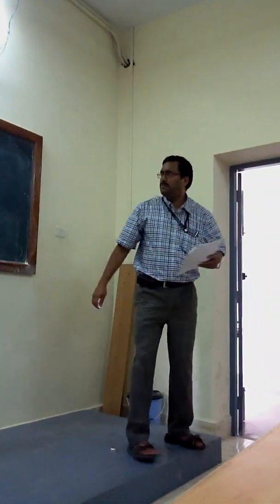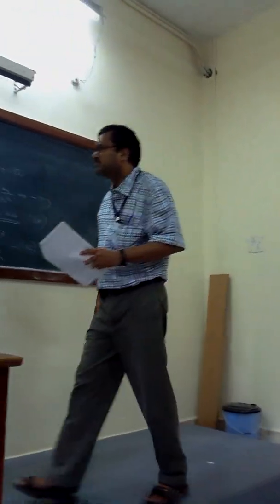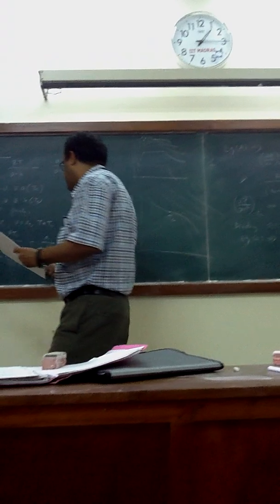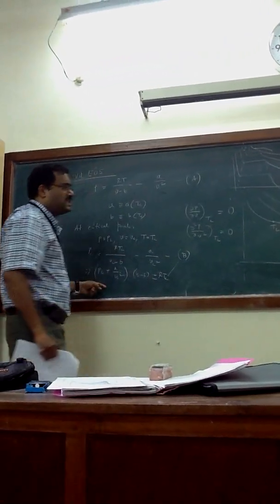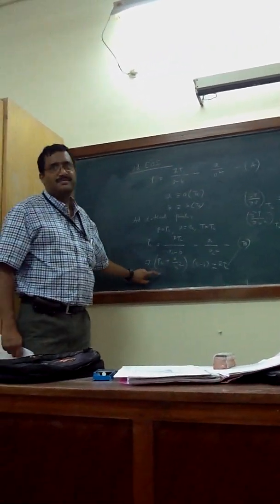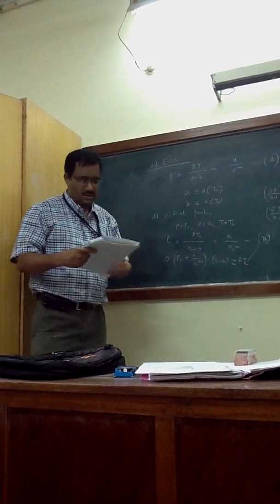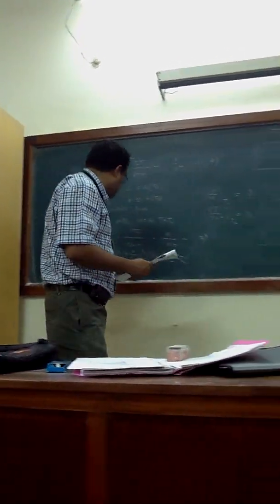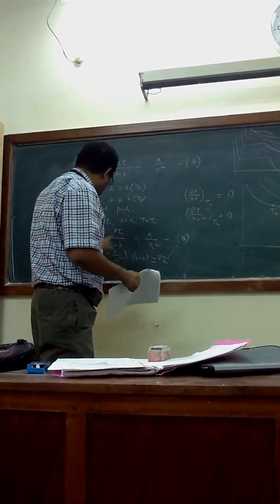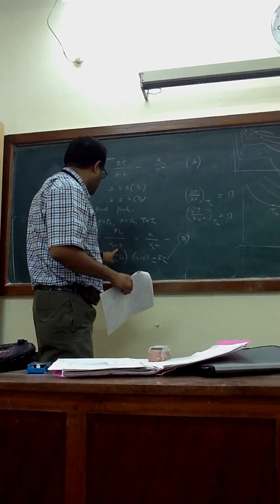Now look at equation number B. We have to calculate PC from this equation number B. PC is RTC by VC minus B, minus A by VC square.